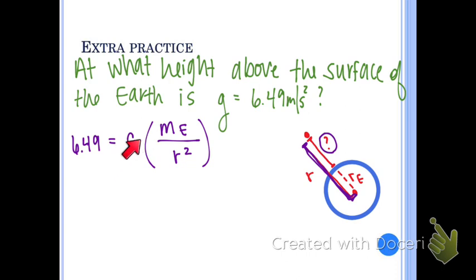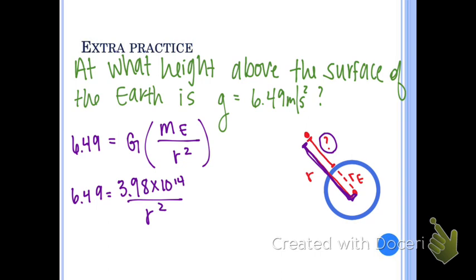Okay, you could do that. You can multiply those two together. Okay, so we can go ahead and do that. So we go 6.49 equals, okay, so take G times ME in your calculator. And we get 3.98 times 10 to the 14th over R squared, right?